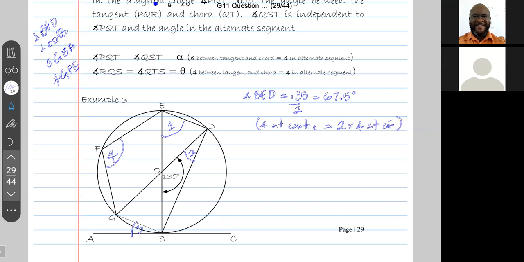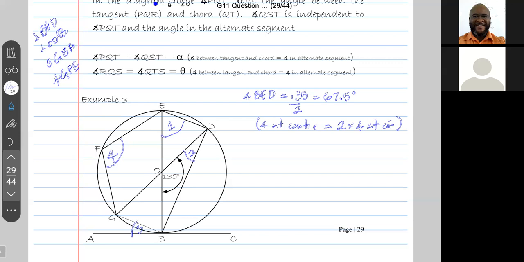All right, so if you look, you can see that you have angle BOD and you have angle BED. Both start at B and end at D, but one goes to the center, BOD, and the other goes to the circumference, BED.